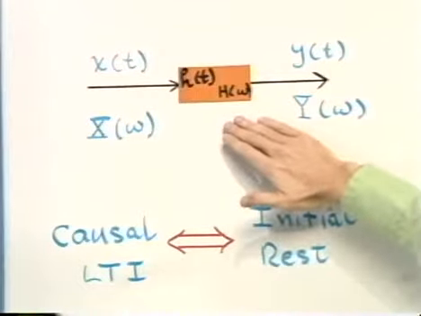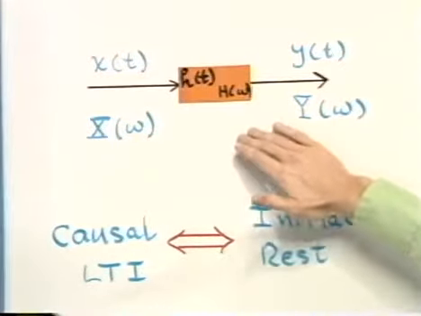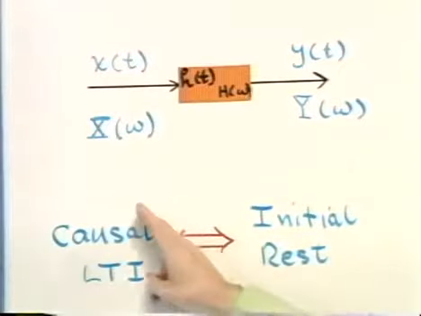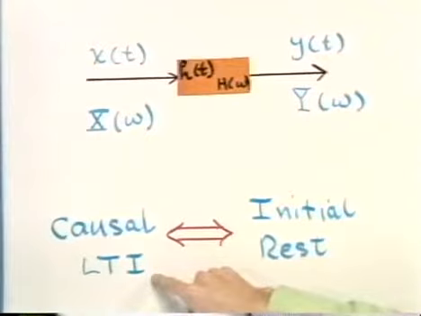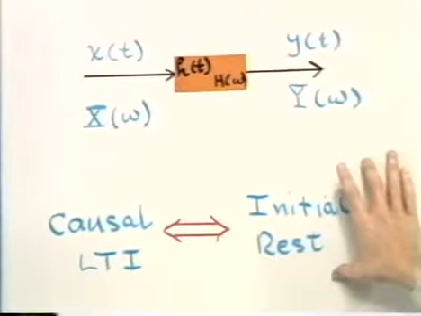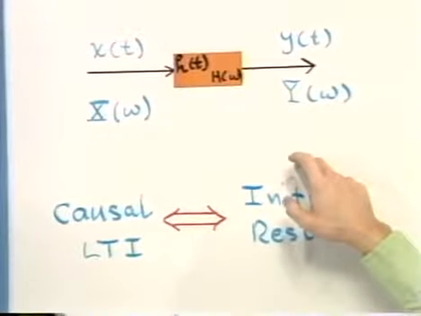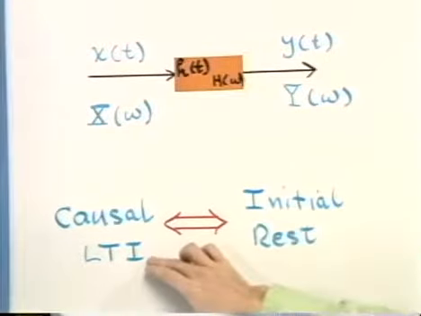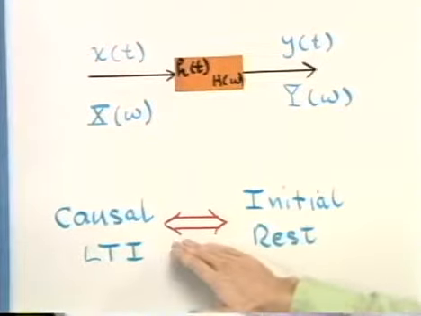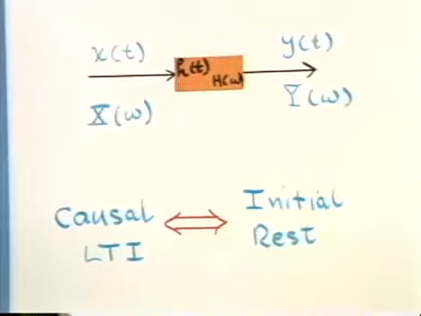And we're also going to assume that it's characterized by a linear constant coefficient differential equation where we're going to impose the condition that it's causal, linear, and time invariant, or equivalently, that the initial conditions are consistent with initial rest. And it's because of the fact that we're assuming that it's a linear time invariant system that we can describe it in the frequency domain through the convolution property, and we can use the properties of the Fourier transform.